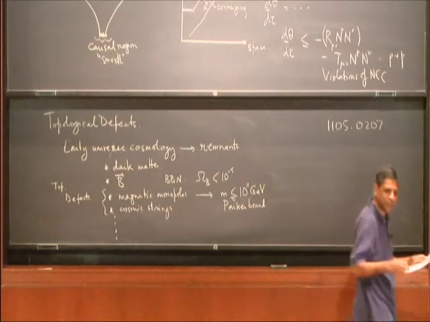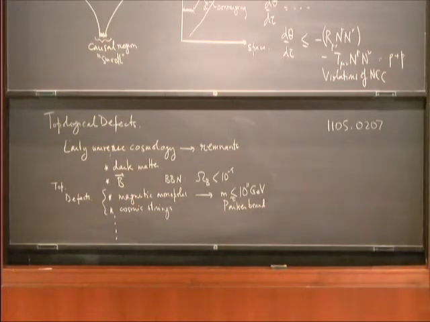But now, once you get into this game, you can think of many things. Each of these corresponds to some symmetry breaking. So this would be U1 to 1 maybe. This one would be O3 to O2, would give you this.